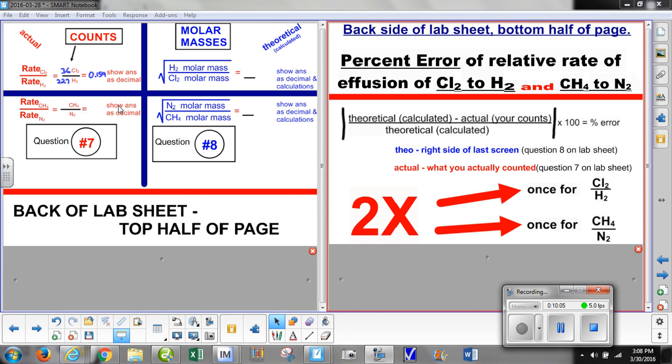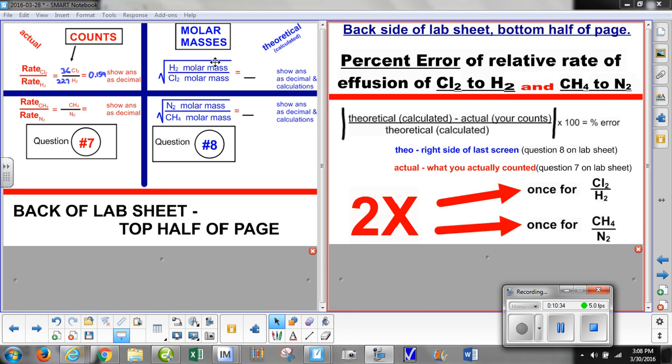Over here, we've got to do that same thing a second time. The student's paper that I just showed you had half of the write-up. So we're trying now to get the write-up for the other half. Notice that the counts for both chlorine and hydrogen, as well as methane and nitrogen, that's question number 7 on my live sheet.